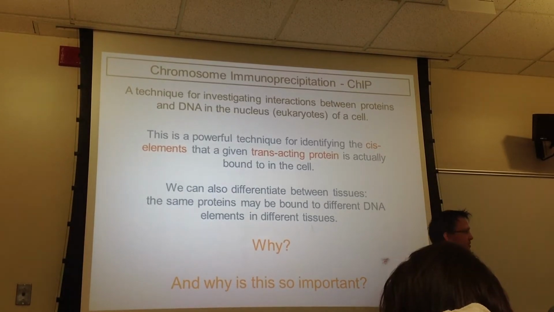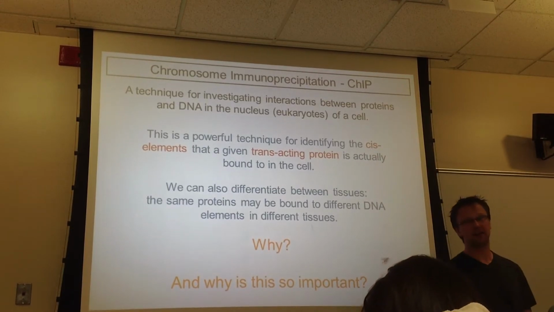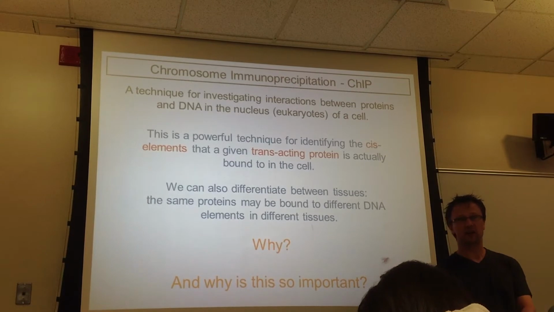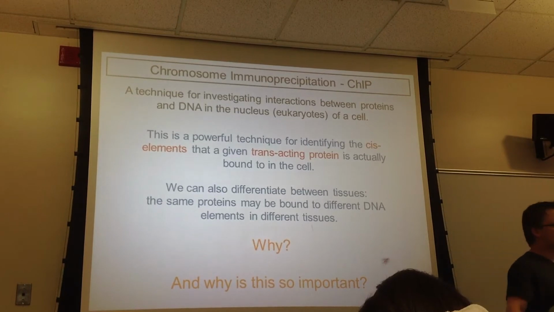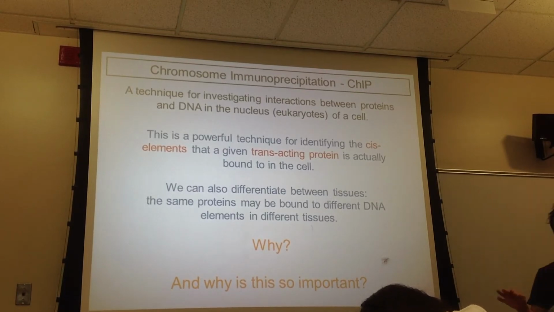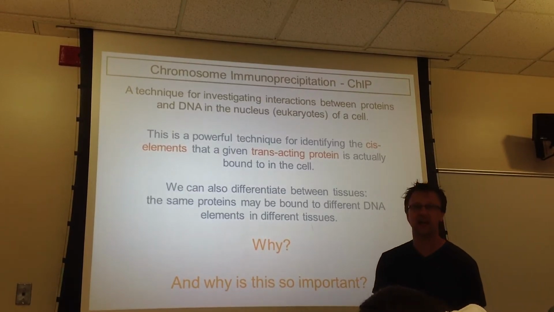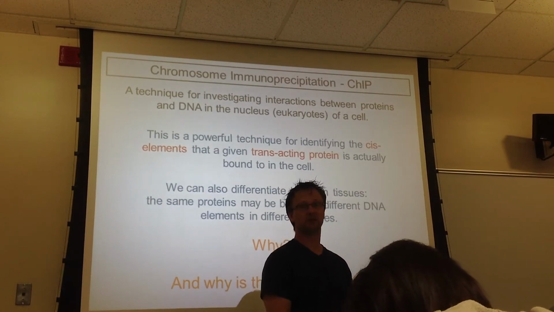So this is not an in vitro experiment, although after the initial steps of this experiment, then we take it in vitro. But initially, we are assaying the ability of a protein to bind to a DNA sequence in its natural environment. I highlighted the words cis elements and trans-acting protein. Cis elements refer to sequences of DNA or RNA that are important, usually regulatory.